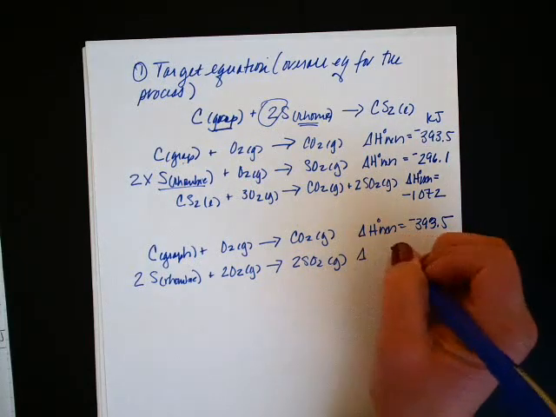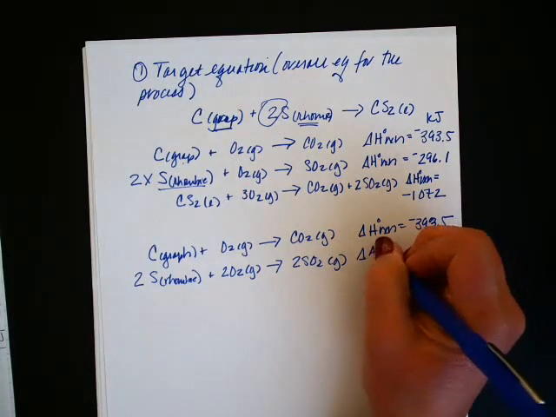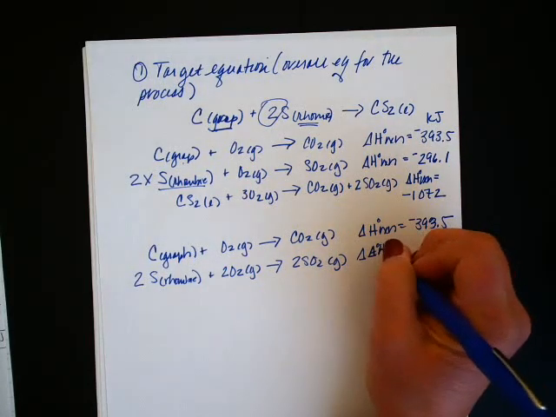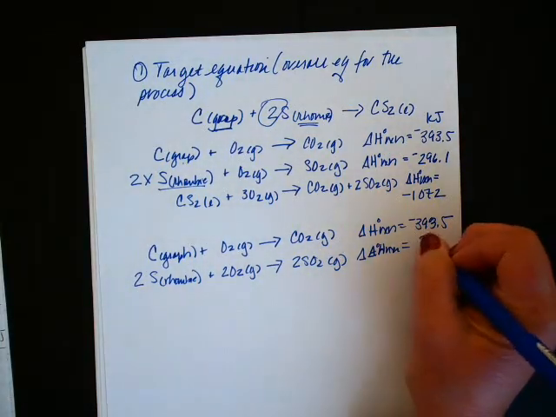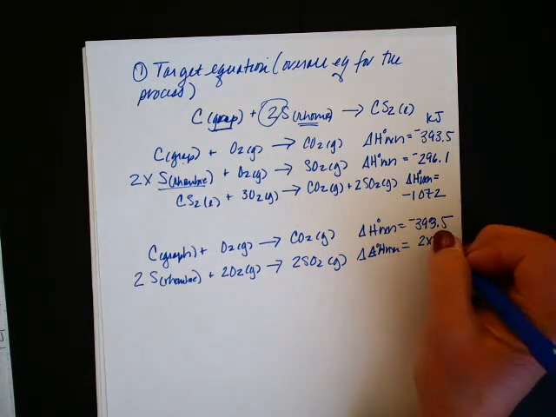So it's going to be 2 times that negative 296.1.